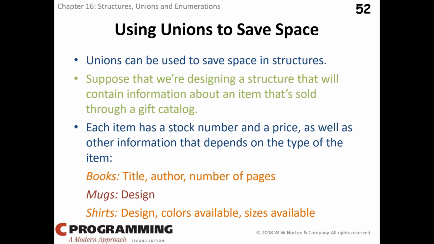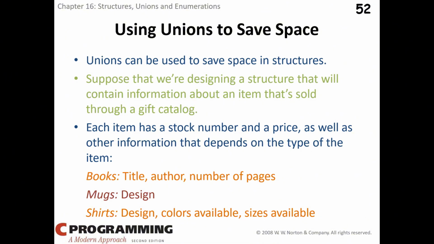Like we've discussed before, unions can serve as a valuable tool for optimizing memory usage, especially when we're dealing with structures. Now let's consider a scenario where we're designing a structure to store information about items sold through a gift catalog. Each item has common attributes like a stock number and a price, but they also have specific attributes depending on their type.